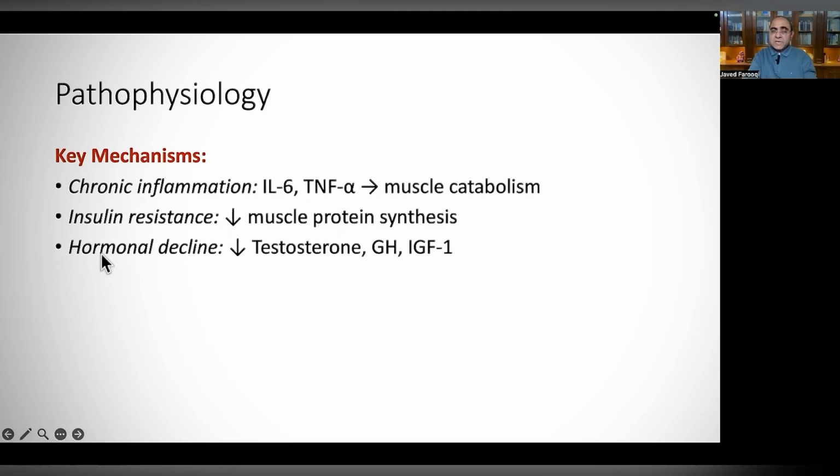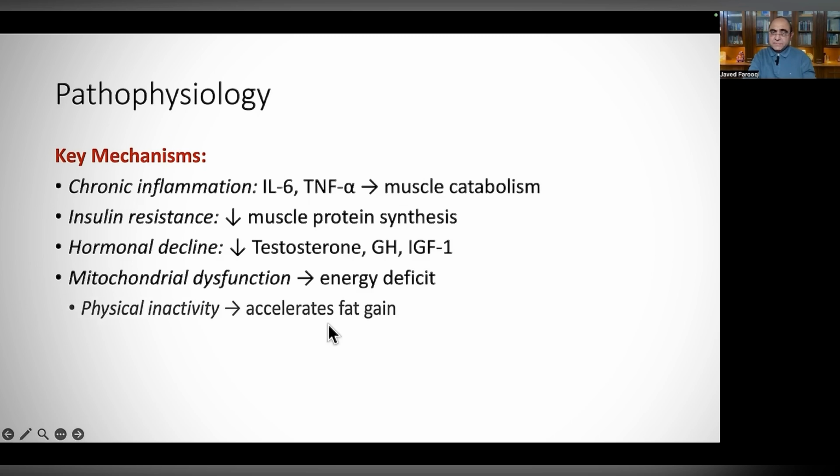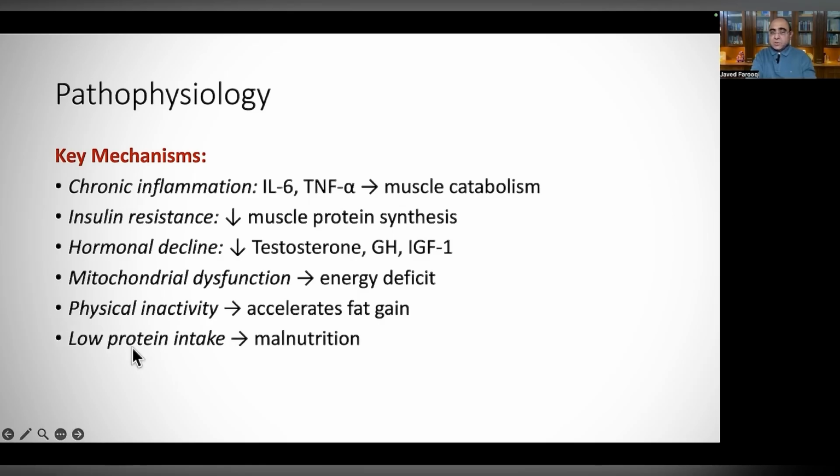The third key mechanism is hormonal decline, characterized by decreased levels of testosterone, growth hormone, and insulin-like growth factor 1. Then there's mitochondrial dysfunction, which leads to energy deficit. Another key mechanism is physical inactivity, which leads to fat gain at a higher speed. And then there is low protein intake, which leads to malnutrition.